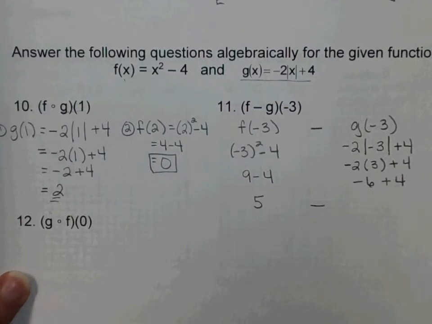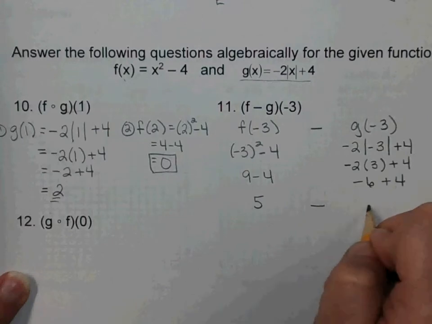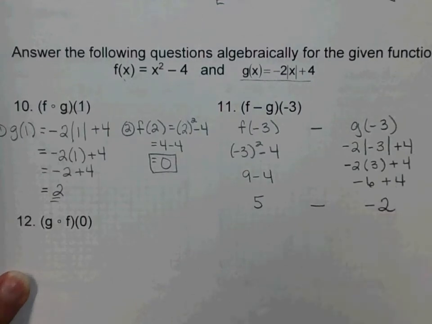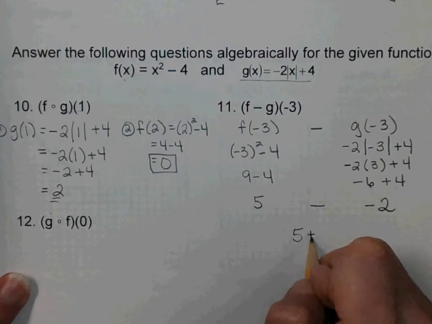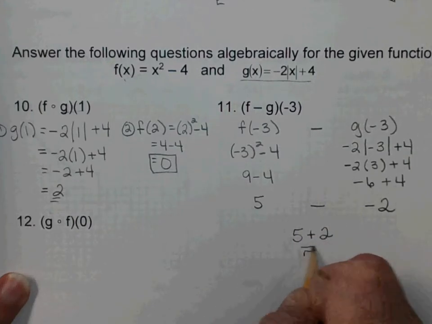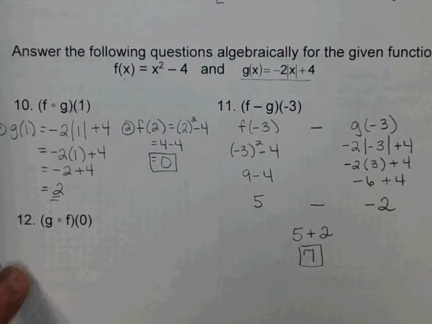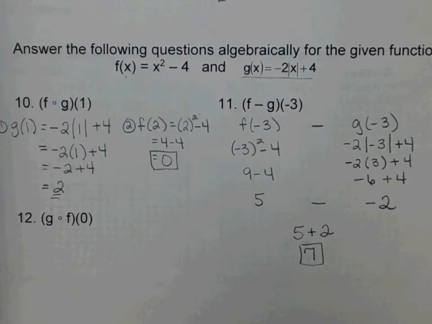And -6 plus 4 is -2. So I have 5 minus -2, which is 5 plus 2, which is 7. Right. Questions?